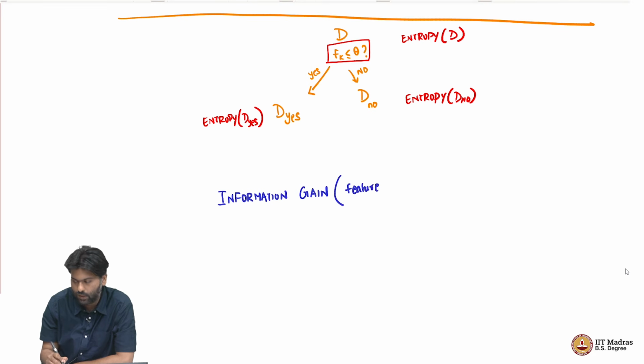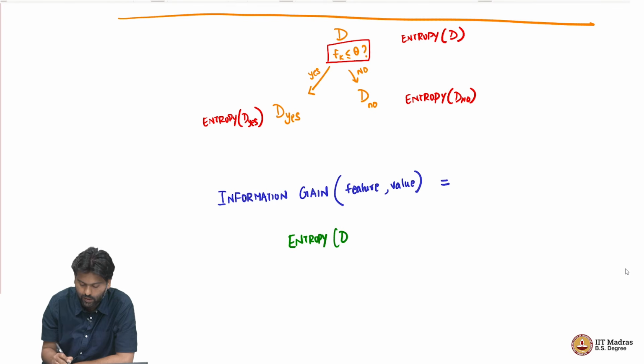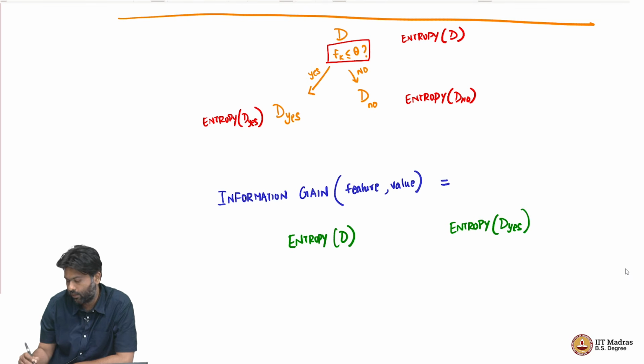So, of a question, which is a feature, value pair, it can be defined as how much impurity I originally had, which is the entropy of the original data set D. Now, I have the entropy of D_S and the entropy of D_no.